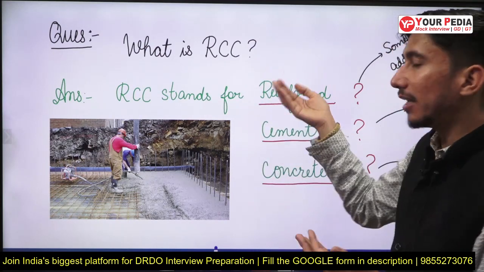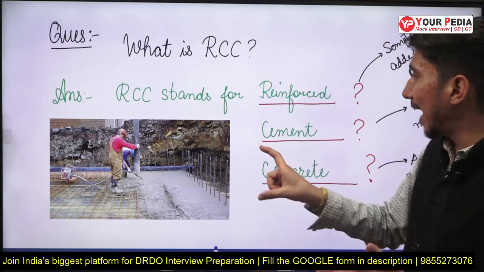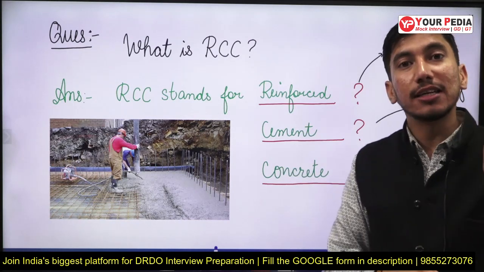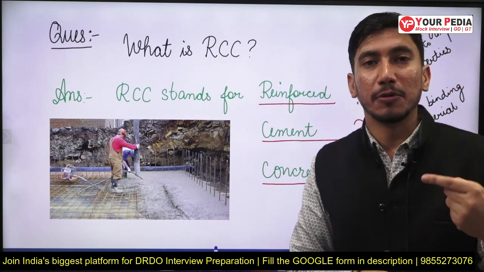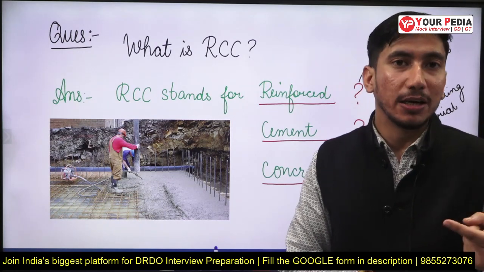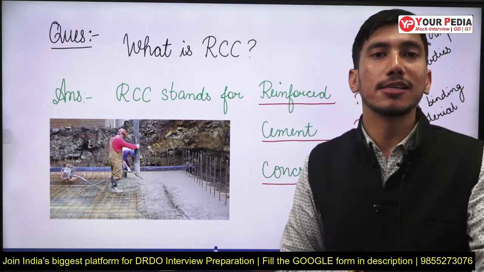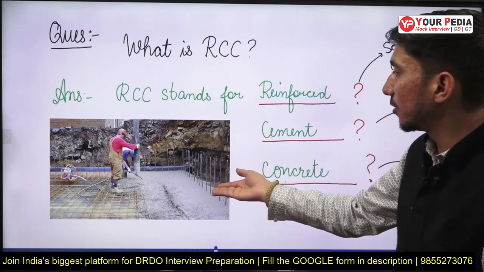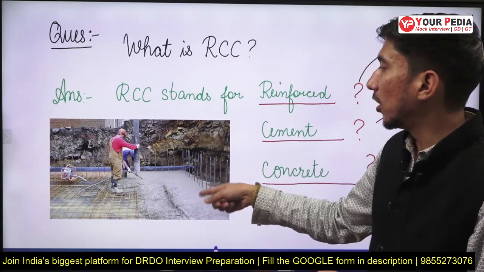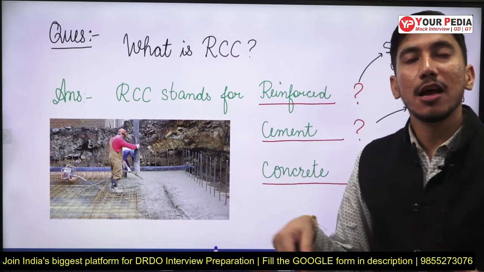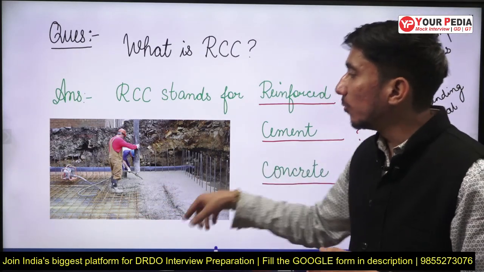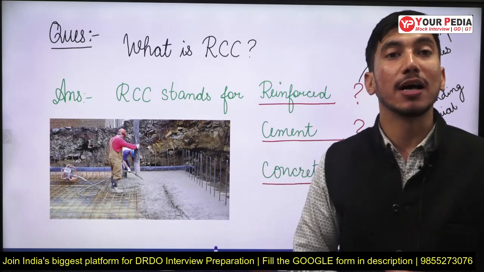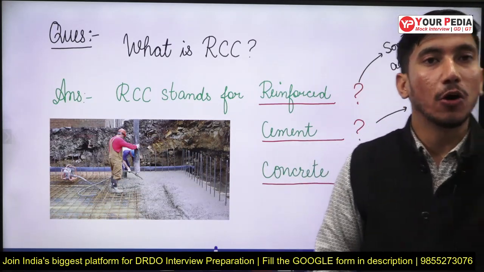So reinforcement is something which is added to the cement concrete so that this cement concrete can behave in a better way and perform its functionality in a better way. And that material is generally the steel bars that we have seen. As we see in this picture, this is the cement concrete and these are the steel bars which are provided as reinforcement in here. So this whole combination, this whole material, will be referred to as reinforced cement concrete or RCC.